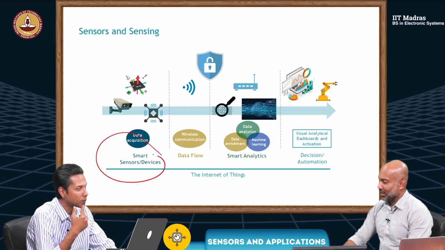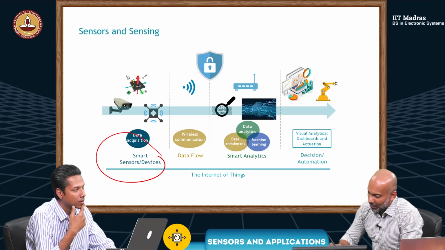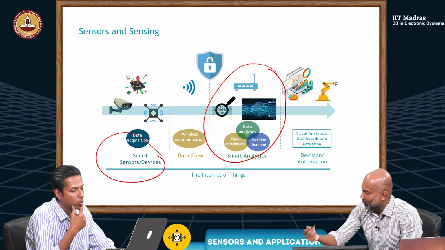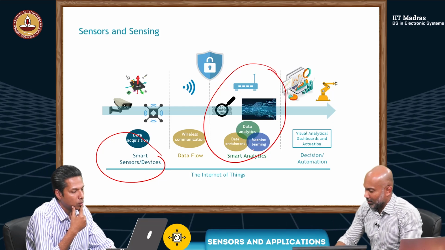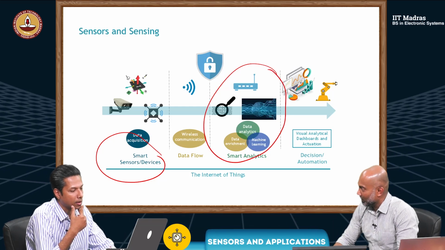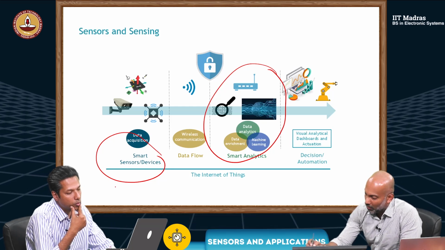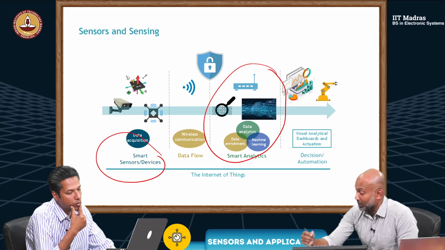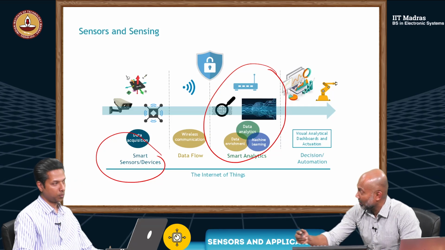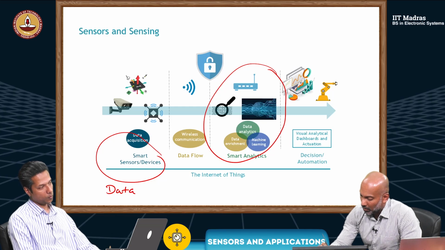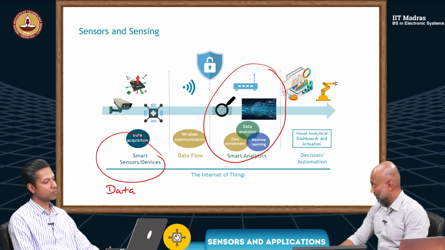But people always talk about data analysis and machine learning and things like that. They have to get the data from somewhere. So is it fair to say that for all the nice fancy things happening here, sensors are the data source?